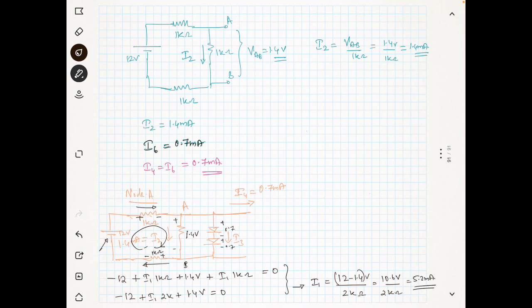So we got the current I1, which is 5.3 milliampere. You know I1 and you know I2. I2 is already 1.4 milliampere. So easily you can get this current.